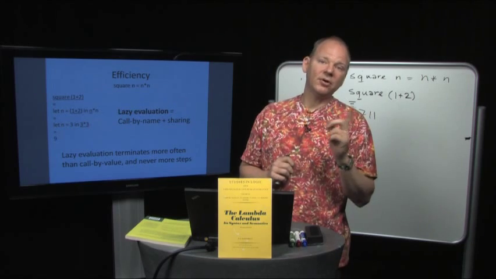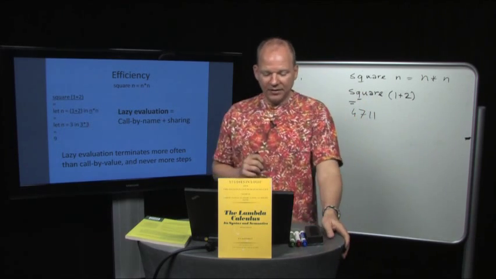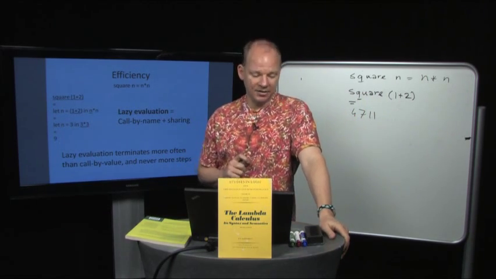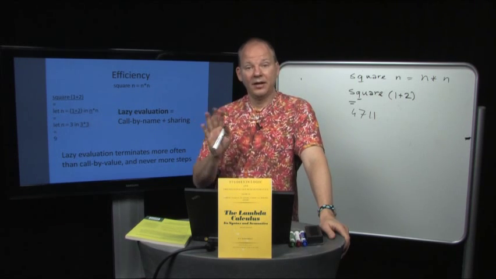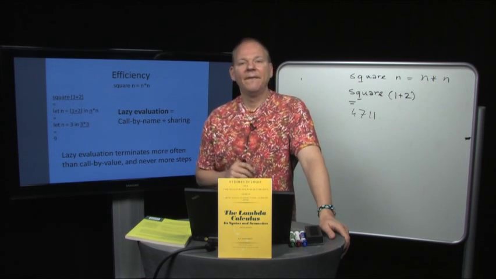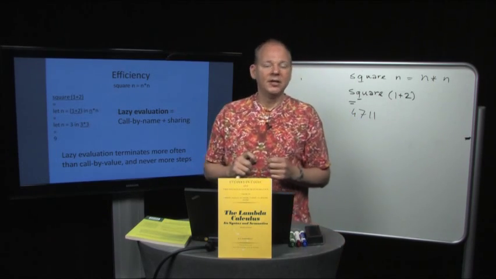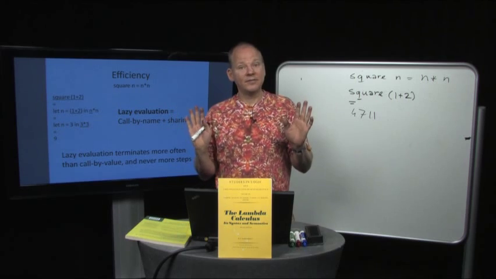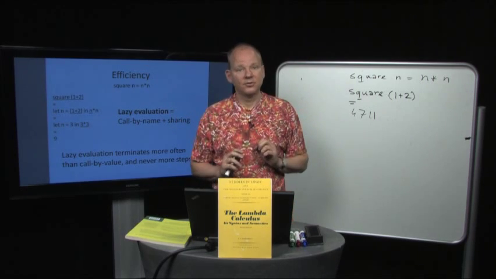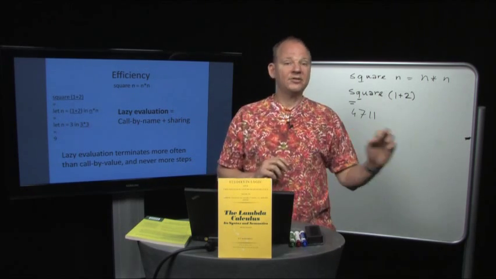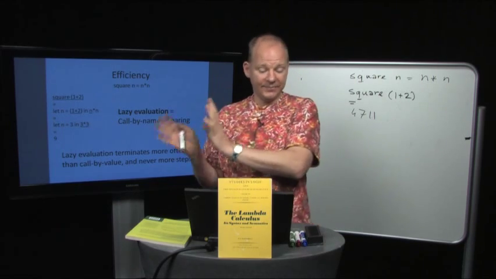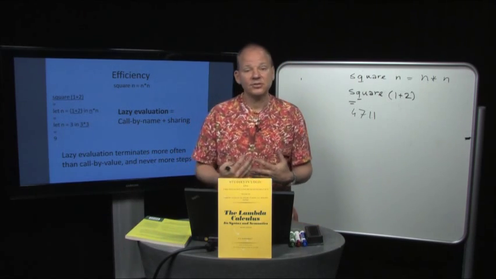And notice, if you go back to our previous example, the fact that we can share this expression here, 1 + 2, relies on the fact that the order of evaluation doesn't matter, because we don't know when things get evaluated. We can do it up front, doing call by value, or we can share the thing, or we can duplicate the execution.